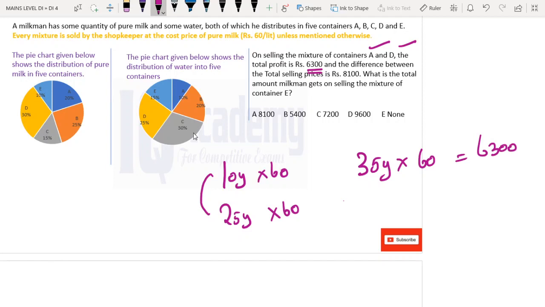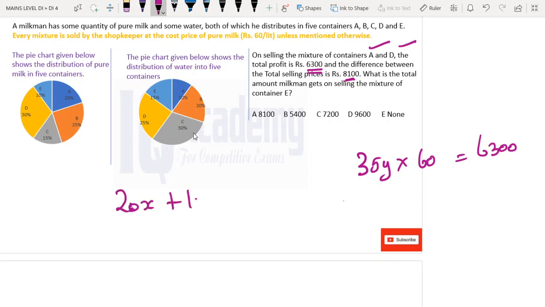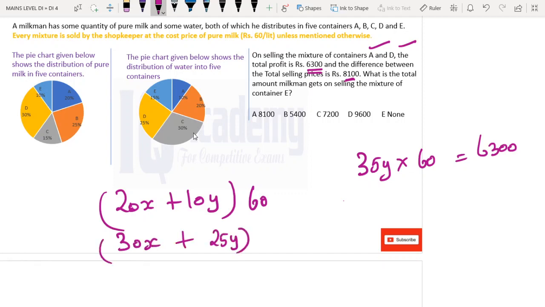And the difference between the total selling prices is 8100. The selling price of A is 20x plus 10y into 60, and the selling price of D is 30x plus 25y into 60.